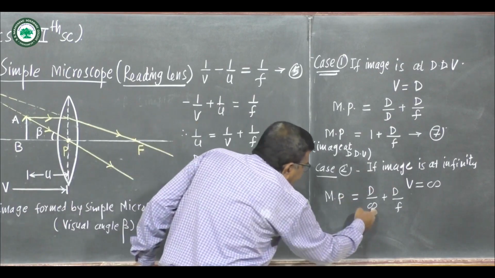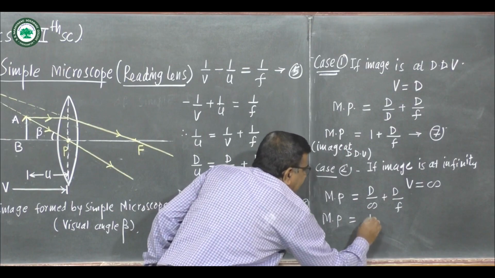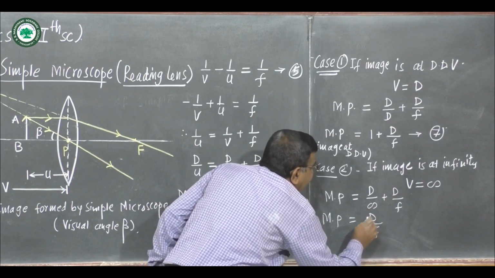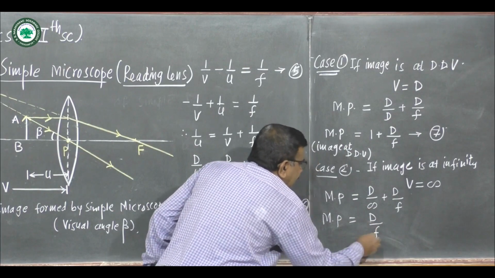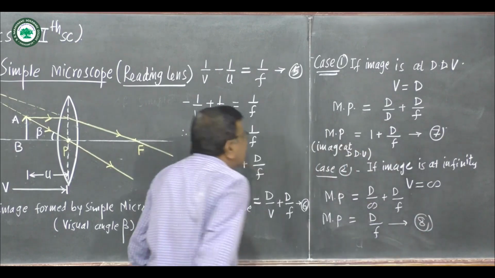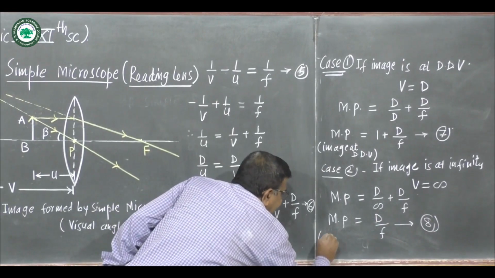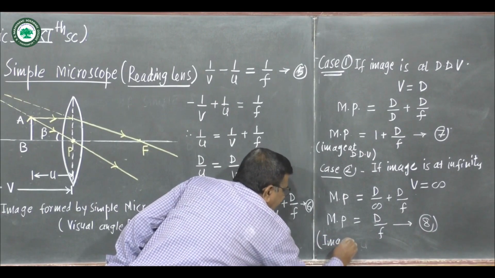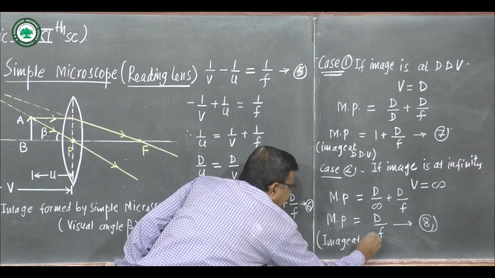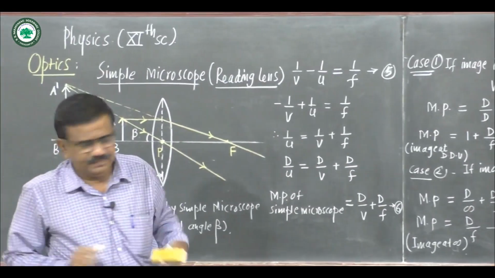So this part will be 0 and we get magnifying power as D upon F. Suppose this is equation 8. And this is the magnifying power if the image is at infinity.